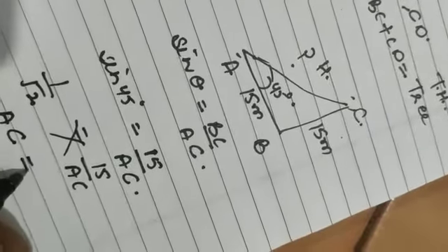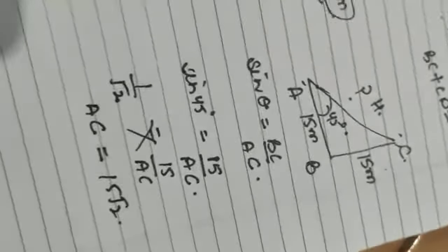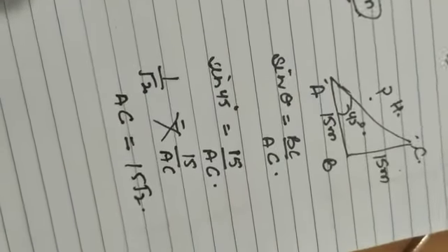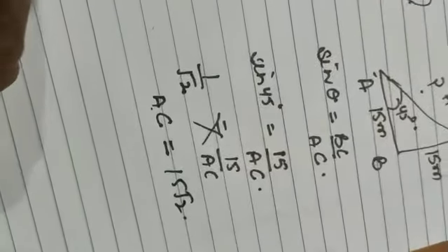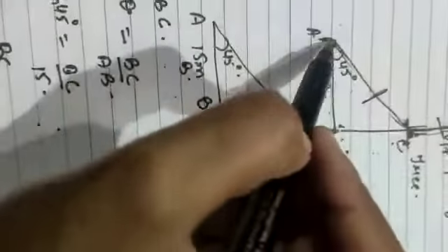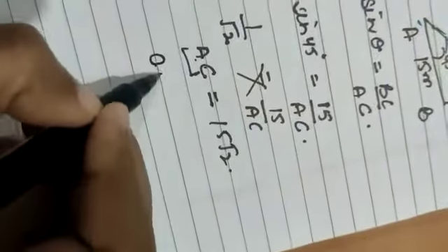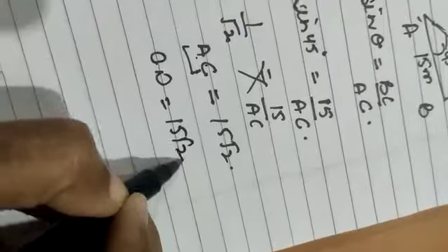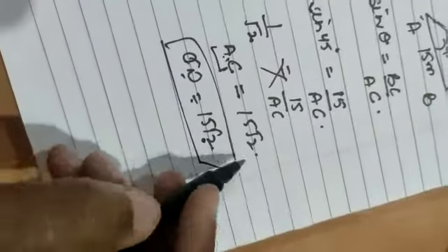Cross multiply, AC is 15 under root 2. Now look, this AC is equal to CD. As I have already told you, this part and this part are both the same. So AC equals CD, that is 15 under root 2.